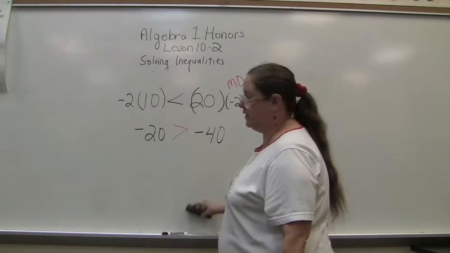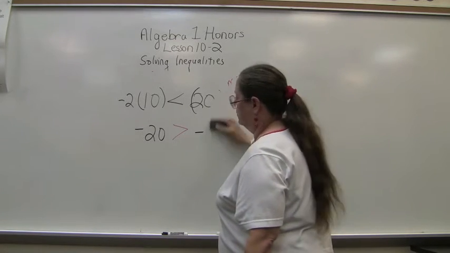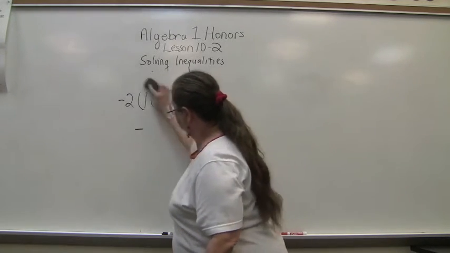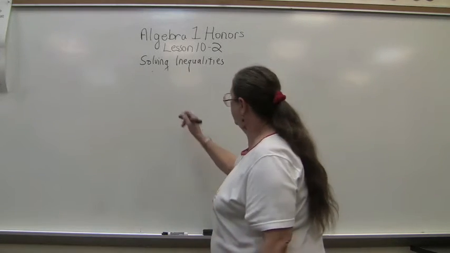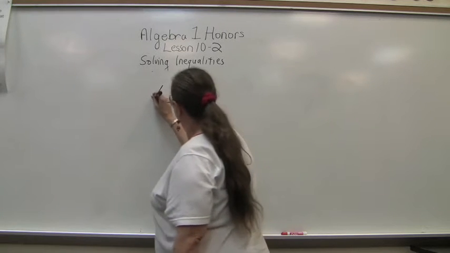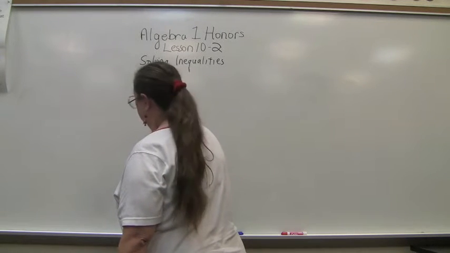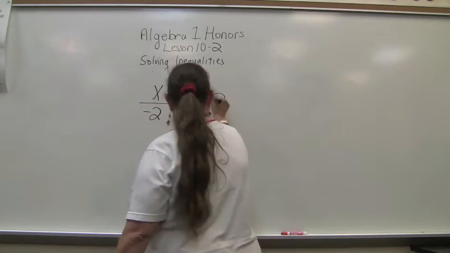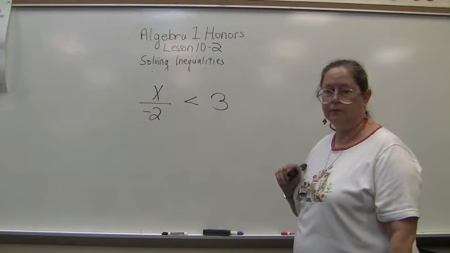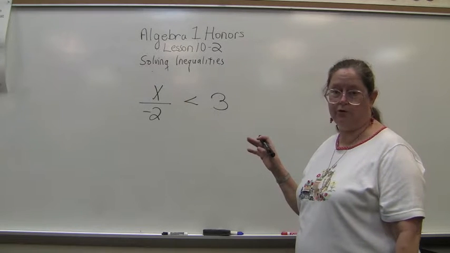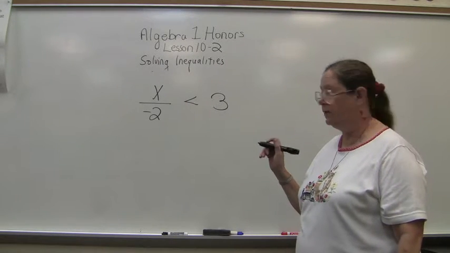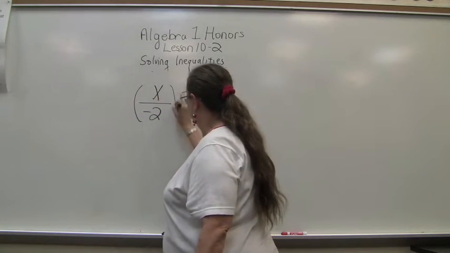So that's a multiply. Now let's look at a multiply instead of a divide. What if we had this one? Now, if it were an equality, we would multiply both sides by negative 2. All right, so let's do that.